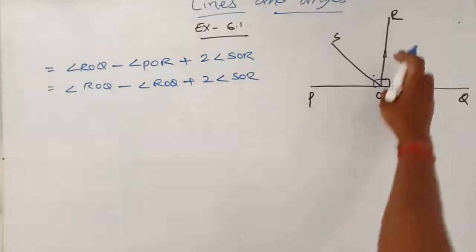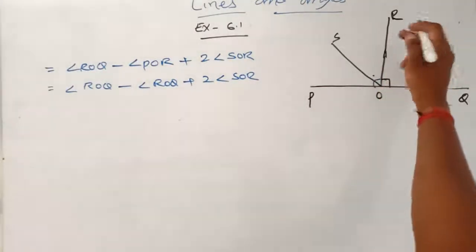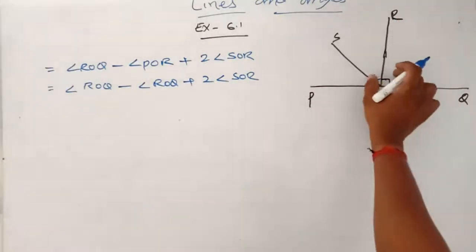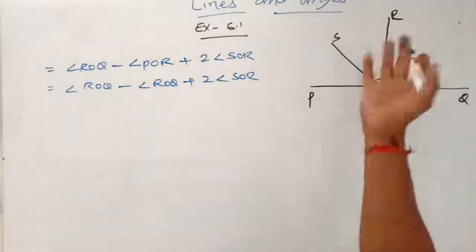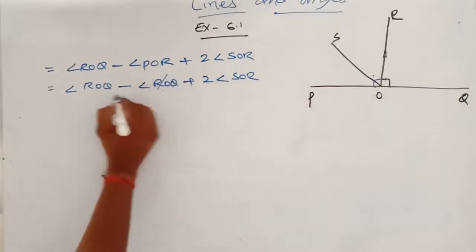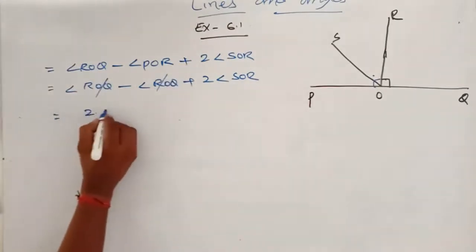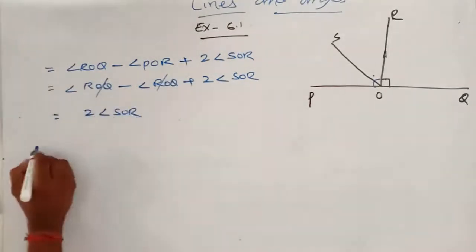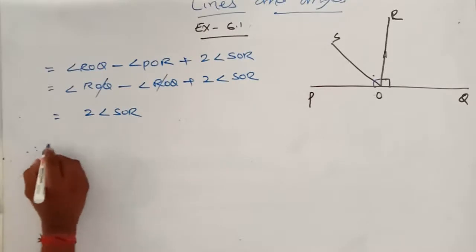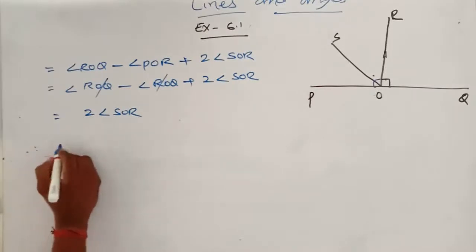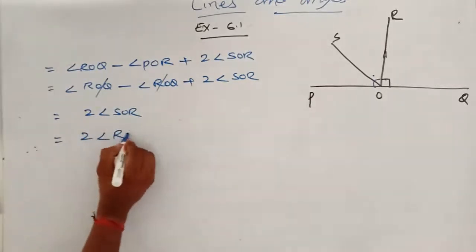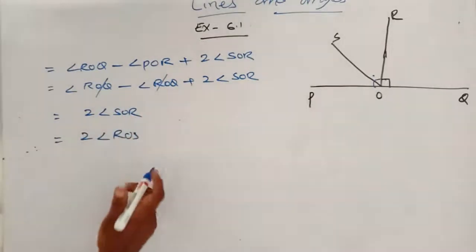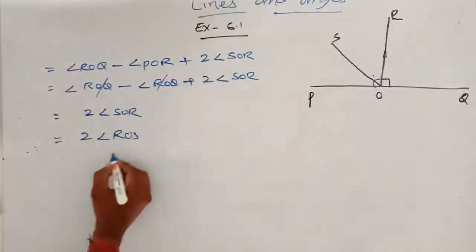Angle POR is equal to angle ROQ, because these two angles are equal here. In the place of POR I am taking ROQ, both are the same. So angle ROQ will be cancelled. That is equal to 2 angle SOR. So therefore, this 2 angle SOR I am writing as 2 angle ROS, because I am just changing here. SOR and ROS are the same.